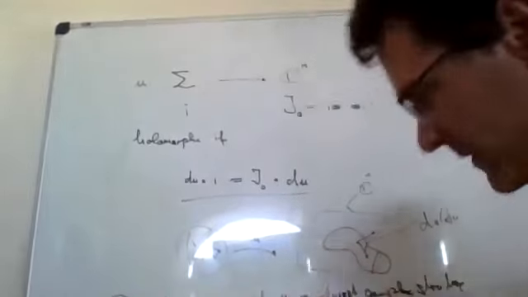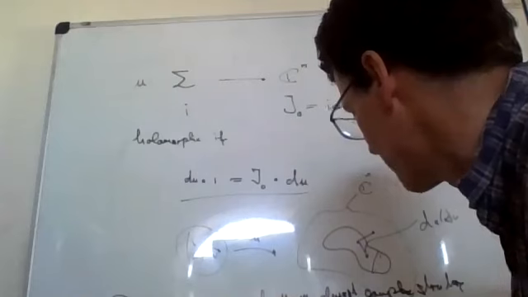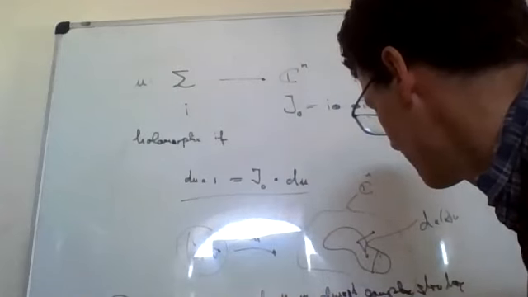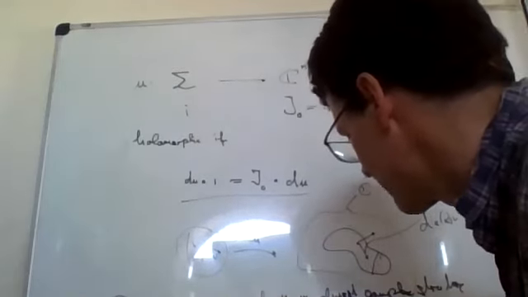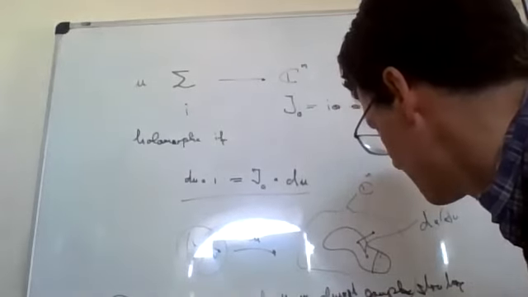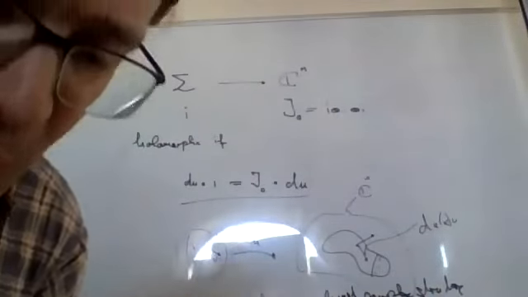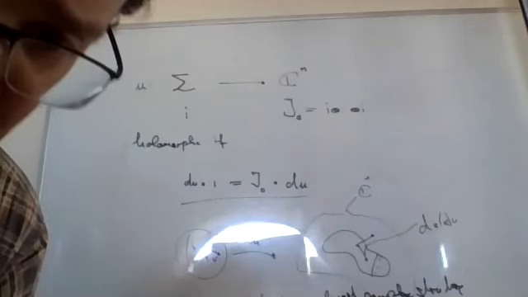And well, this is just an endomorphism of the tangent bundle TM, such that J squared is minus identity. So why is it called almost complex? Because it's not a complex structure. It does not come from a holomorphic atlas in general.